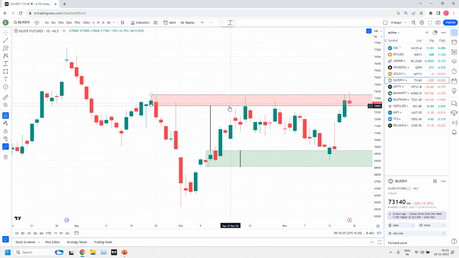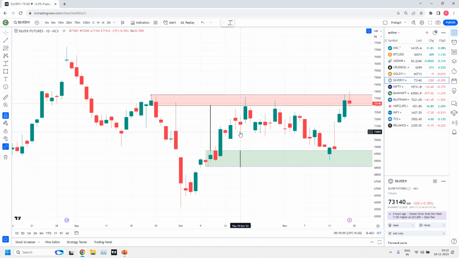Similarly, the high of the supply zone and the high of this demand zone, you subtract, you are getting reward. And reward by risk you will be getting like 1 is to 1 or 1 is to 2 or 1 is to 3 or 1 is to 4 or maybe 1 is to 2.3 or 1 is to 3.5, whatever the value.